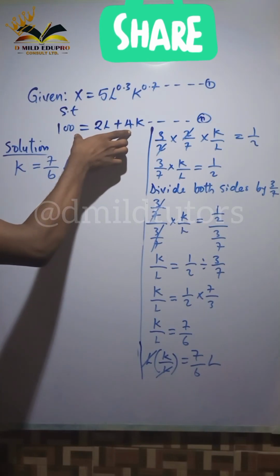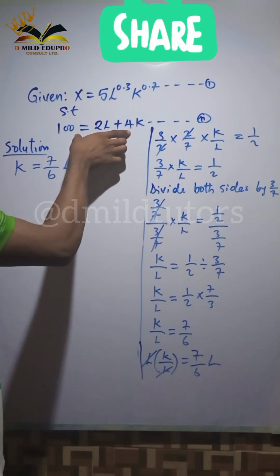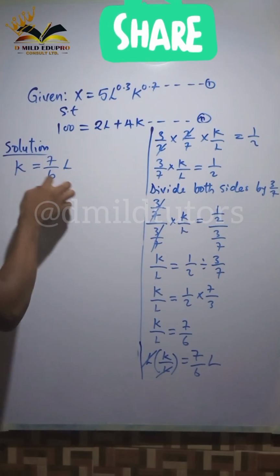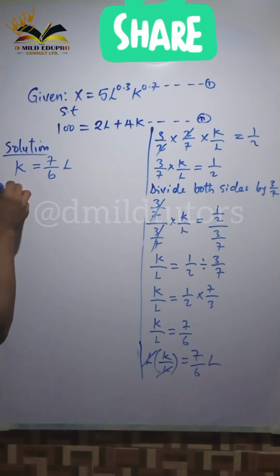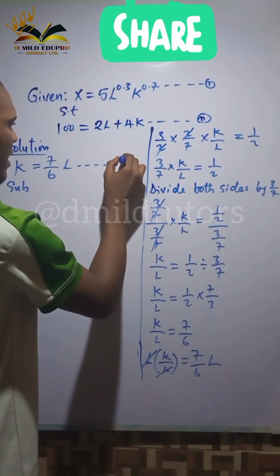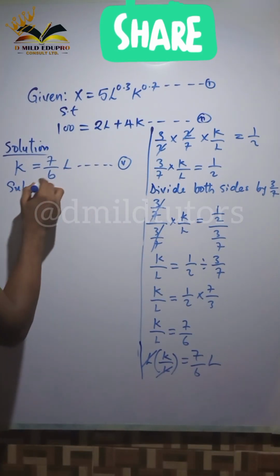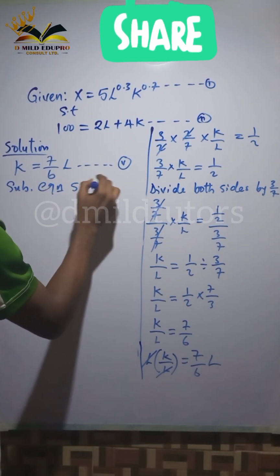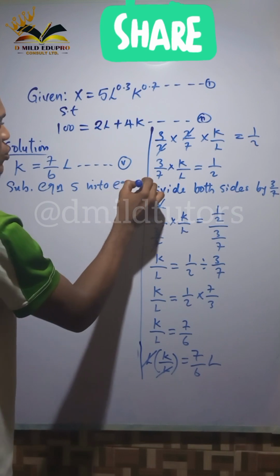We'll now come back to this and substitute this value of K here. So we say substitute equation 5 into equation 2.